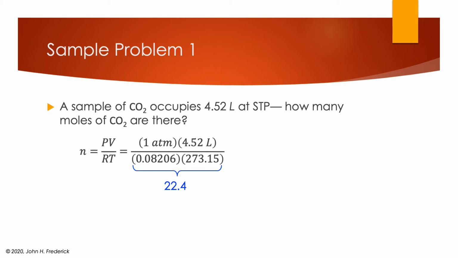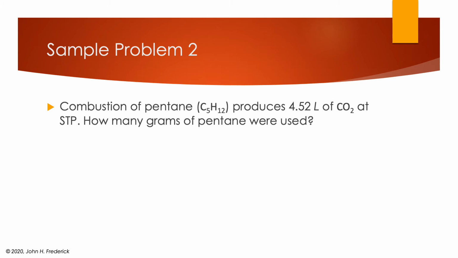So if you recognize that and take advantage of it, you can do a shortcut and simply say that this is going to equal 4.52 divided by 22.4, or 0.202 moles. So this is the number of moles there are of carbon dioxide in that volume at standard temperature and pressure.